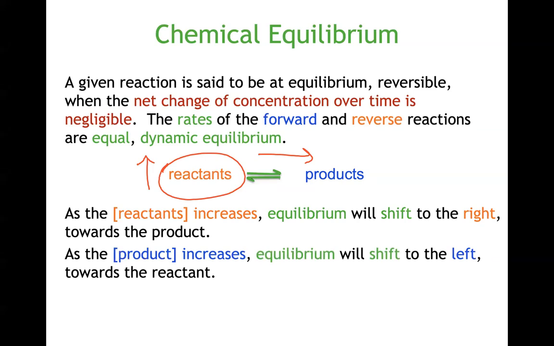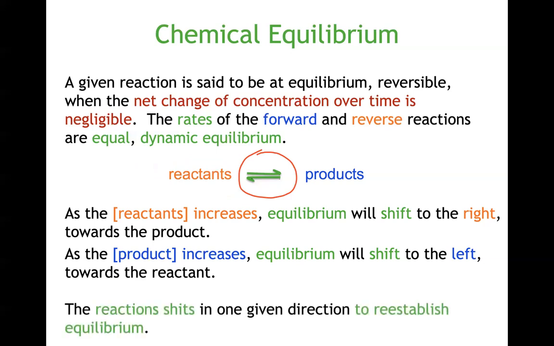And if we increase the concentration of the product, then equilibrium will tend to shift towards the left, or towards the reactant side again, so that the rate of change over time ends up being close to zero, so that it can re-establish what we call the equilibrium, right? So it's going to shift in one direction or the other.